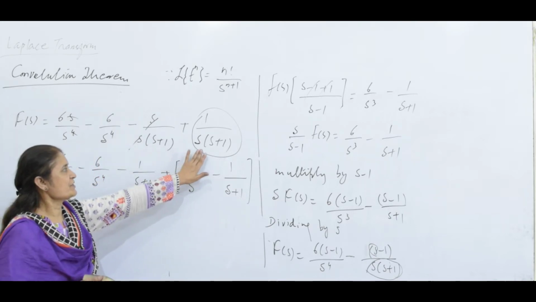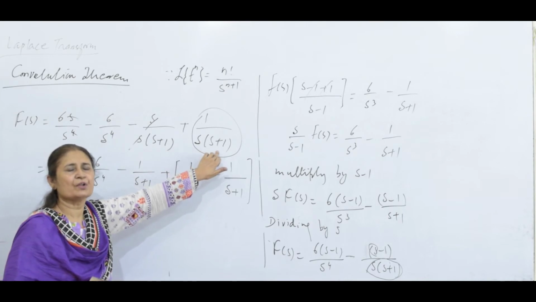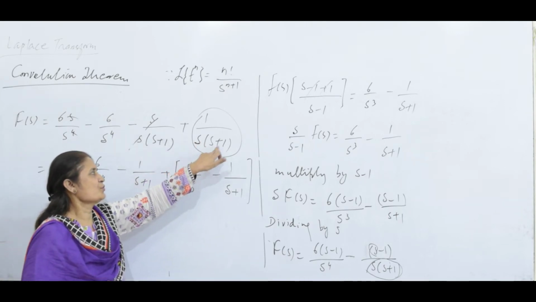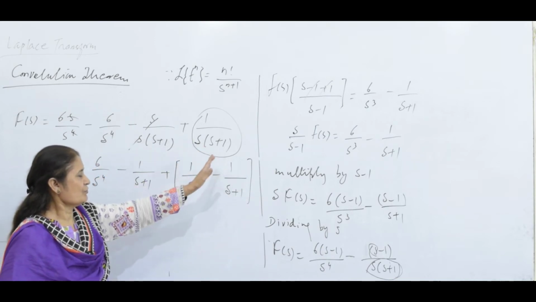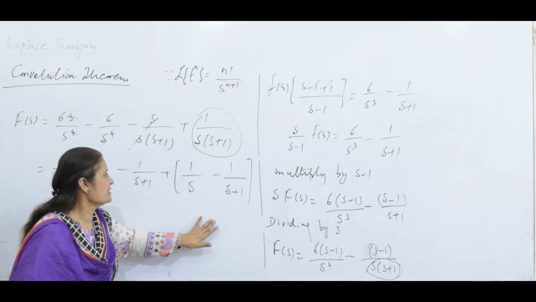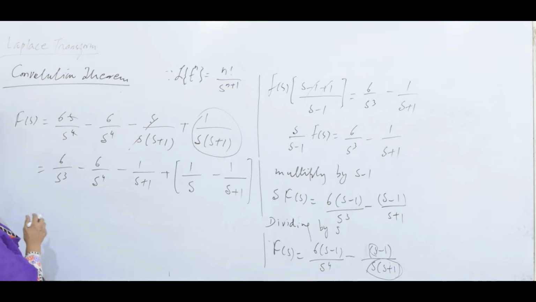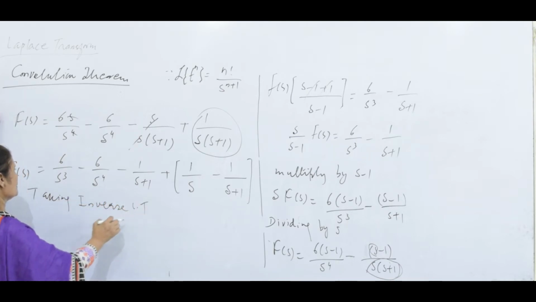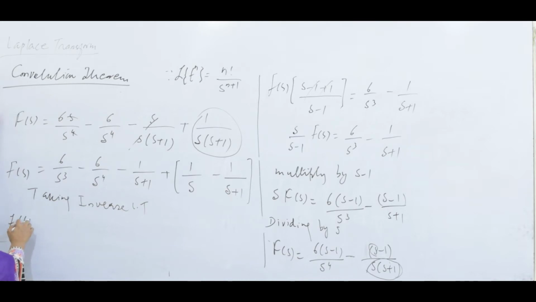So you can have partial fraction, linear factor both, putting s is equal to 0, finding one constant, the other s is equal to minus 1, the other constant, and putting back to getting this. Now f of s, taking inverse Laplace transform. So this is f of t.